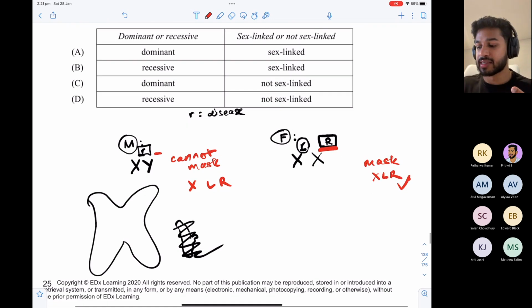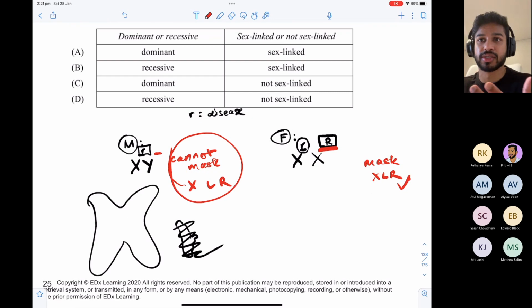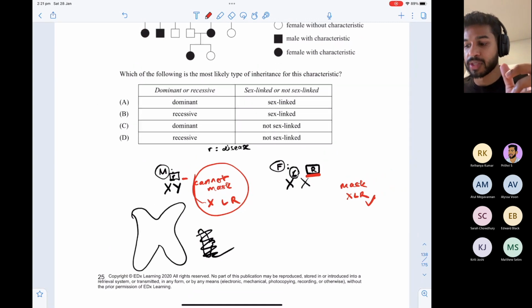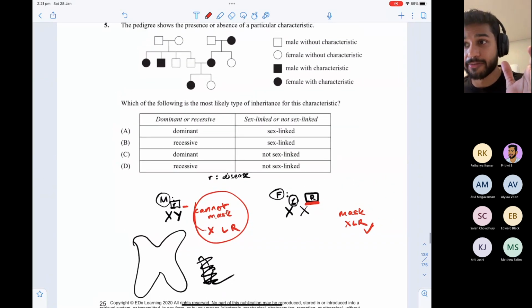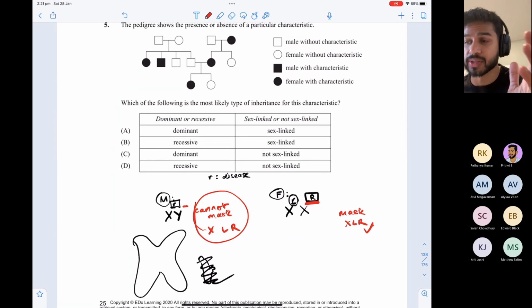So what that means is since males cannot mask the conditions, they're more likely to be affected. So the rule of thumb you need to remember is if you see a pedigree where every single male or most males are being affected, your brain should be thinking sex-linked recessive. Is everyone with me? Put your hand up if you have any questions at all, right? I'm more than happy to answer, but I want to make sure all of us are on the same page.